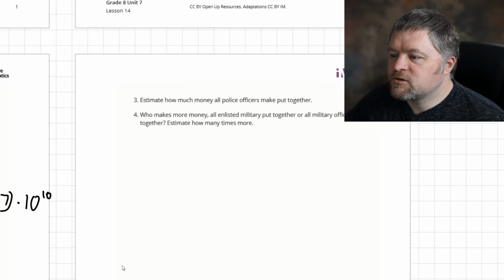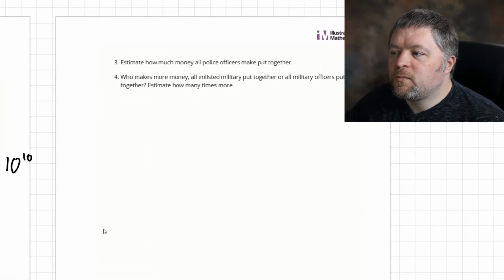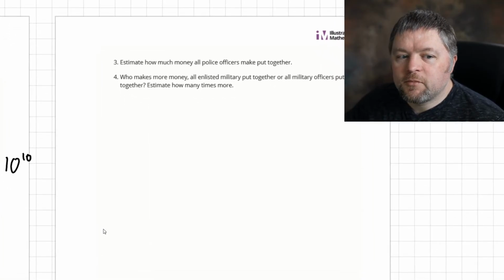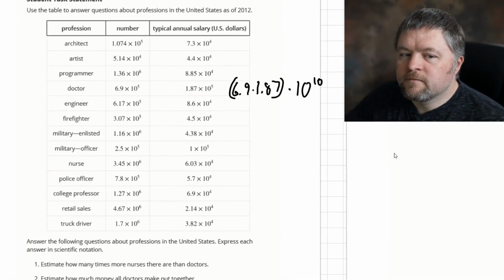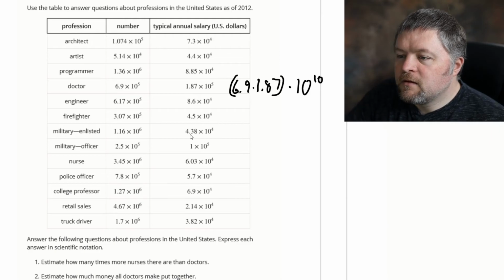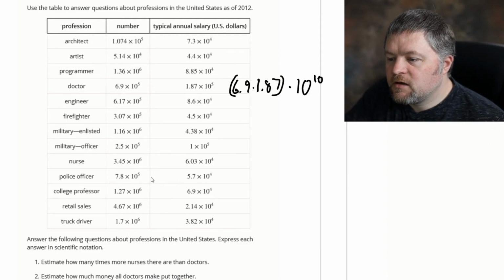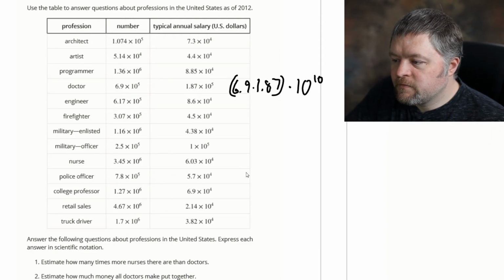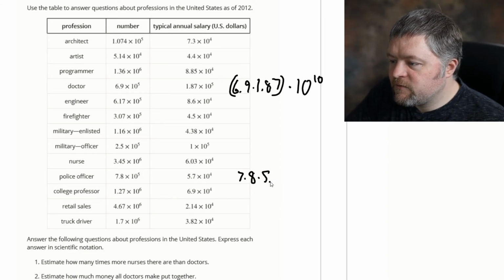Okay, the next question we have is how much money all police officers make put together. Police officers, another multiplication, 7.8 times 5.7.